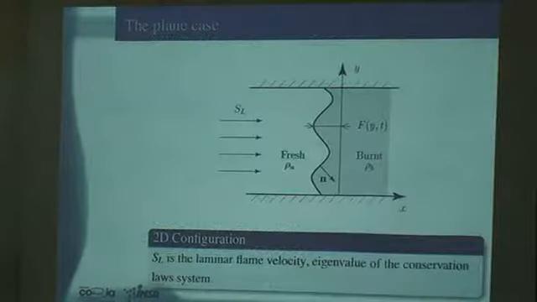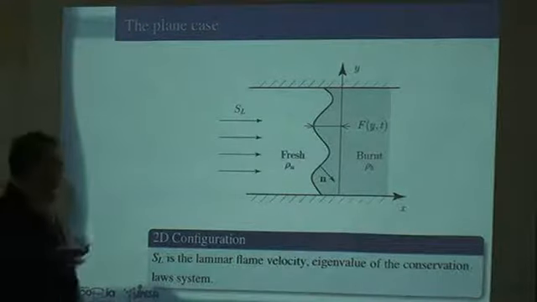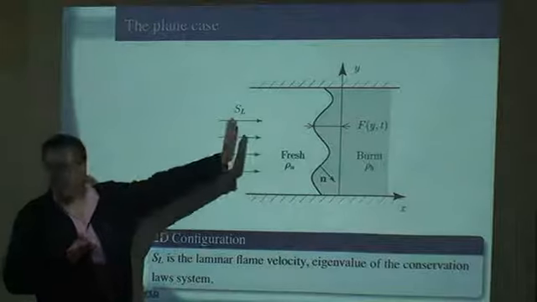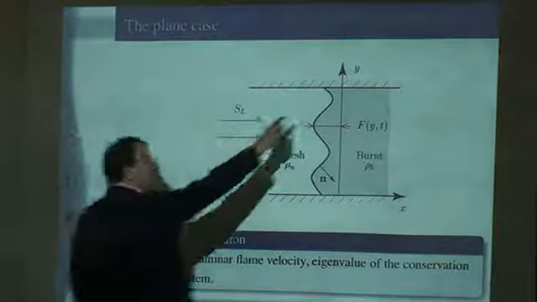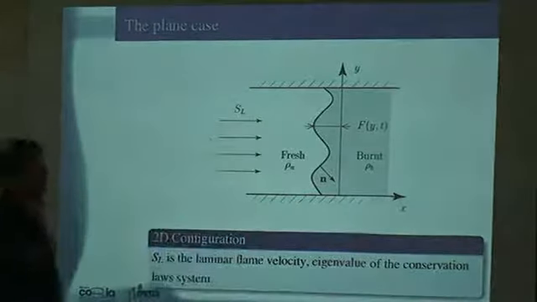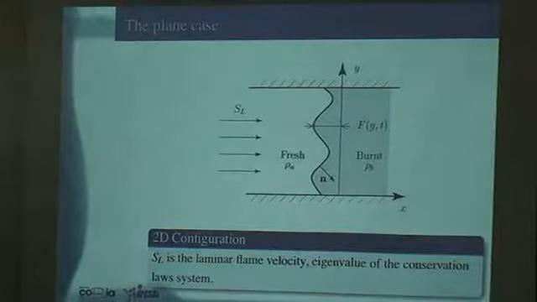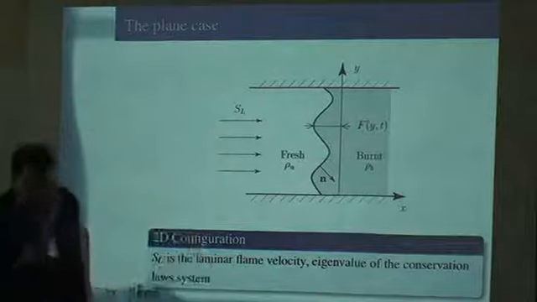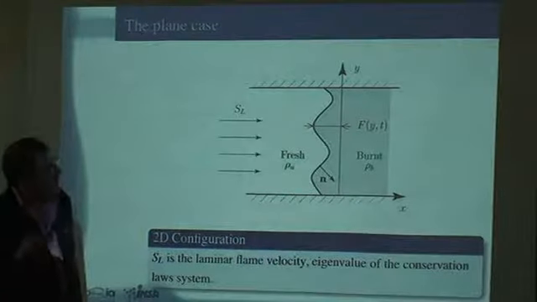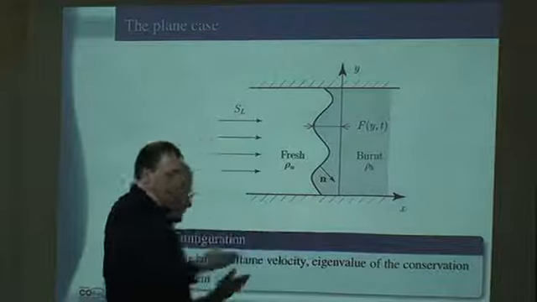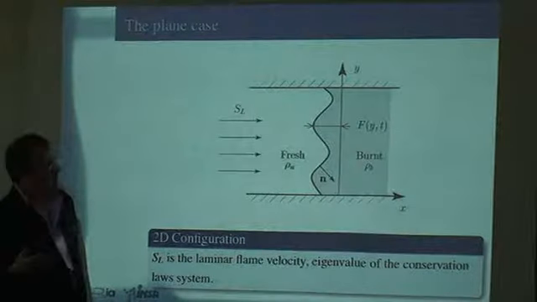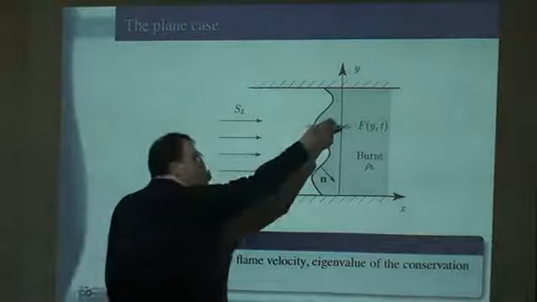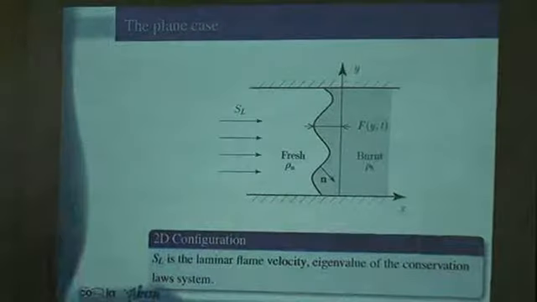Okay, so here are the mathematics. In order to illustrate the derivation of the method, we will begin with a 2D configuration, so we consider a two-dimensional front. This front will be wrinkled, and it will be parameterized by its mean position, that we will assume to be known, and the wrinkling of the front.